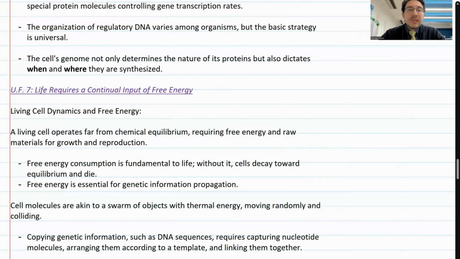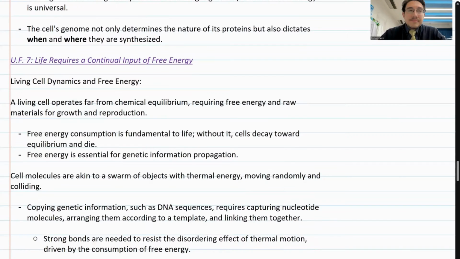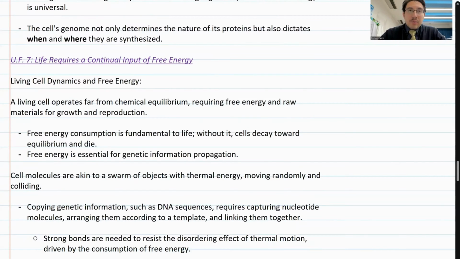So, in regards to the whole cell's genome, it doesn't determine only the nature of its proteins, but also can regulate when it needs to be done and where that protein is needed, right? So there's a kind of spatial and temporal factor that occurs in terms of gene expression.